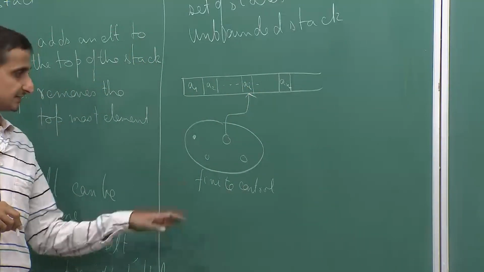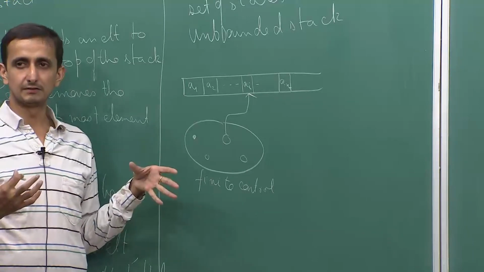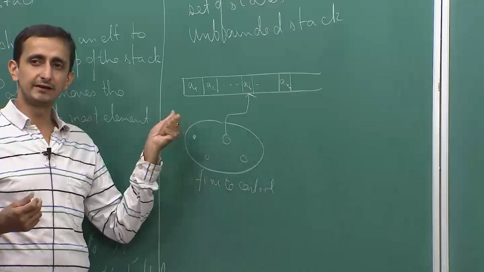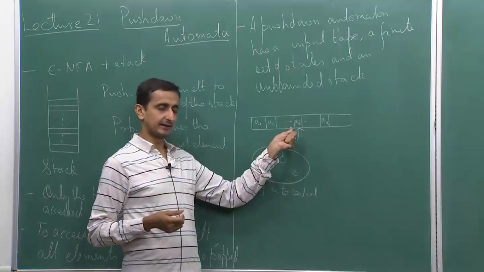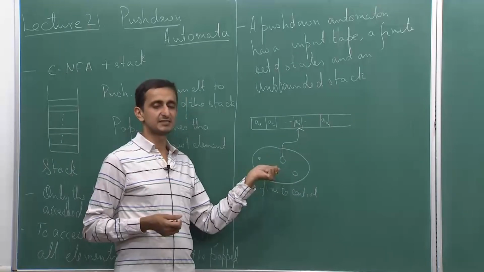This is essentially what an NFA or a DFA does. It reads the input one bit at a time from left to right, and it is at some state.